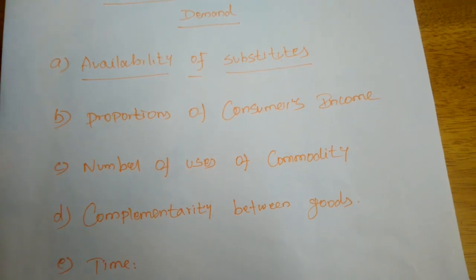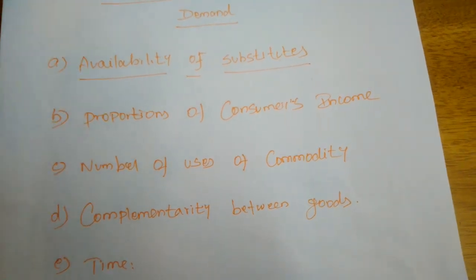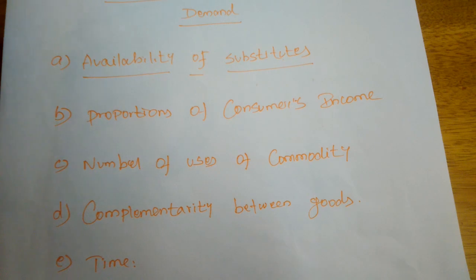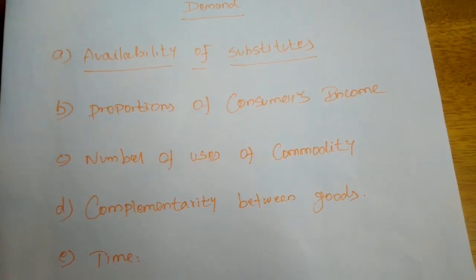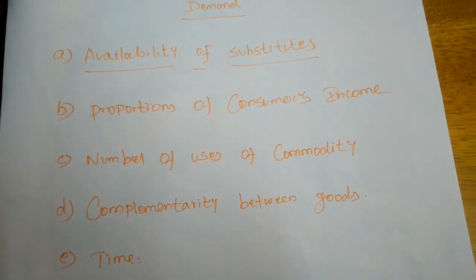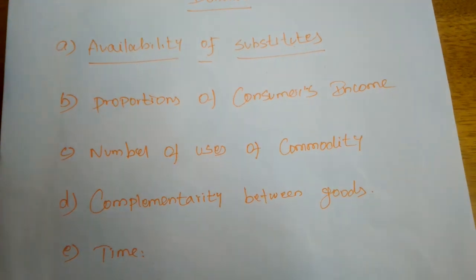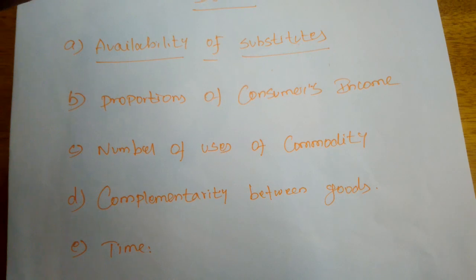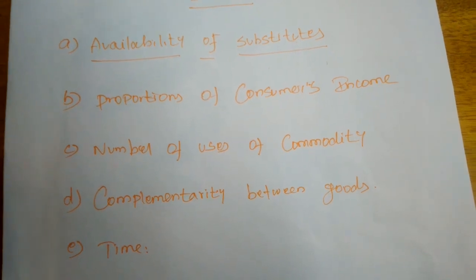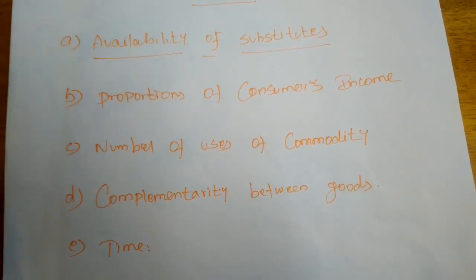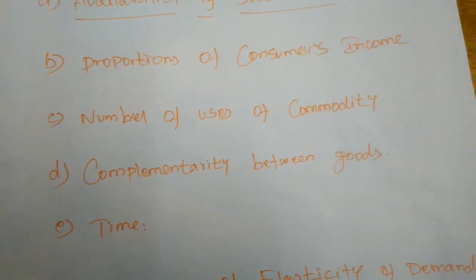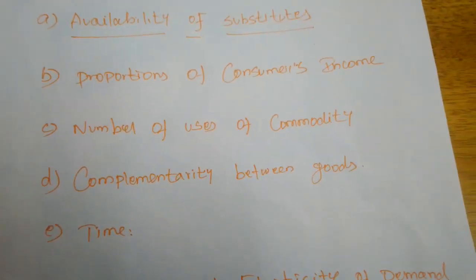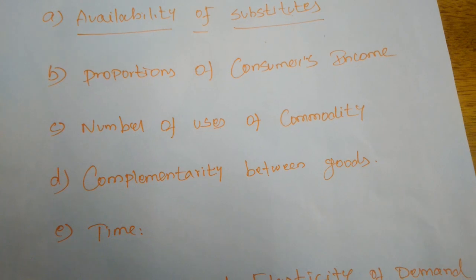If the availability of substitutes is greater, the demand for the commodity will be elastic. Otherwise, it will not be elastic. Hence, the fall in its demand will be very large, and the price elasticity will be large. So the examples are tea and coffee, and vegetables.